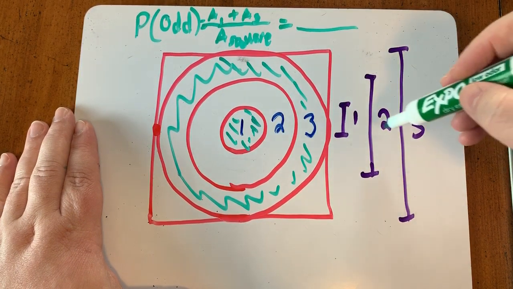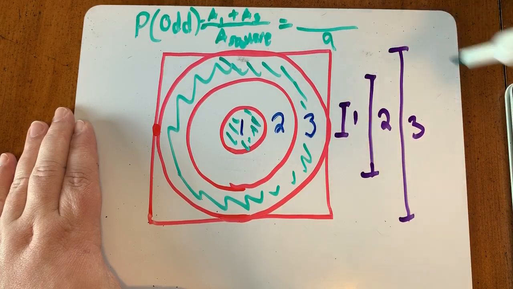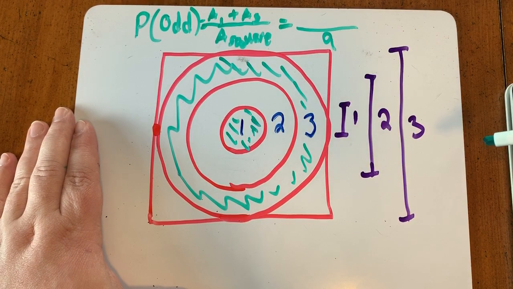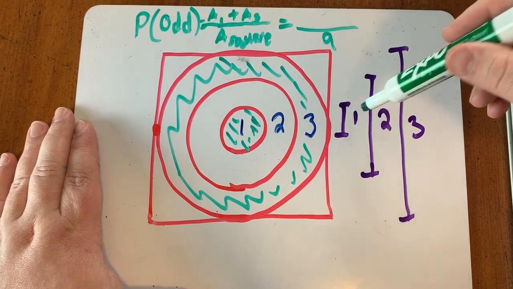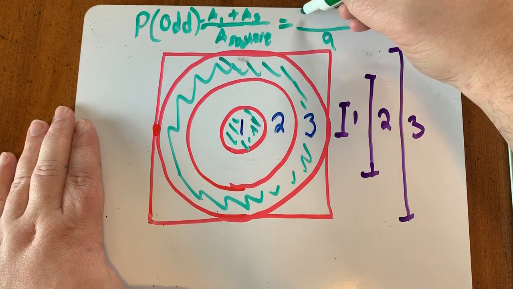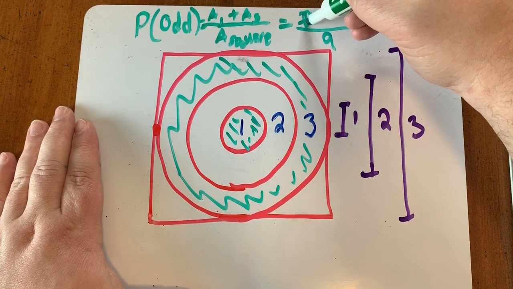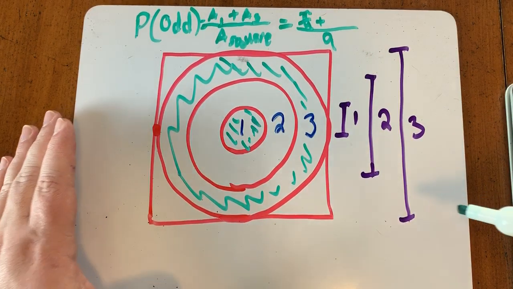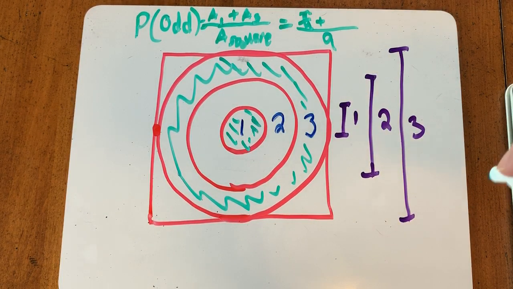Well, the area of the square is easy to find. It's a square with a side length of 3, so that's 9. The area of the 1 is easy to find. The diameter is 1, so the radius is 1/2. So it's 1/2 squared times pi, which is pi over 4. The area of the 3 is a little harder to find.